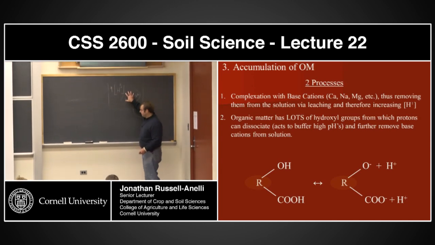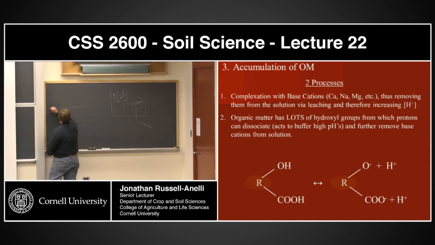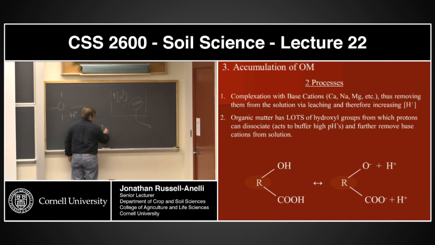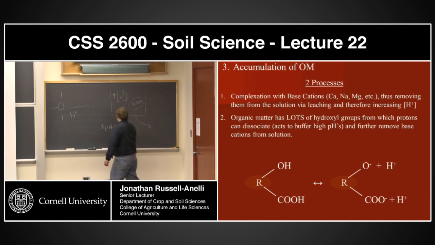Let's keep this here. Here's my oxygen. Here's the edge, right? And I got a proton associated with it, right? What's going to happen when the pH starts going up? If the pH goes up, my proton concentration is going to go down, but my hydroxide concentration is going to go up.